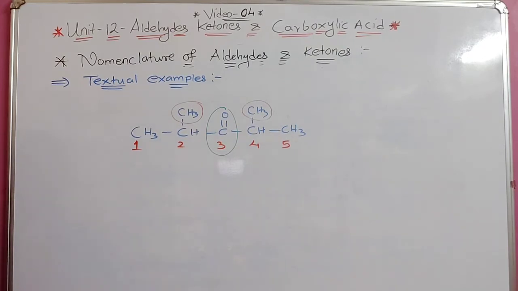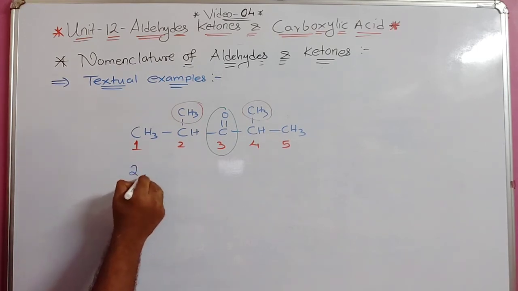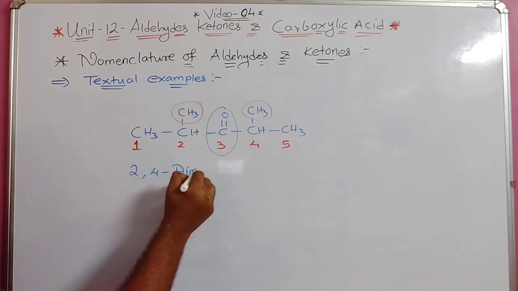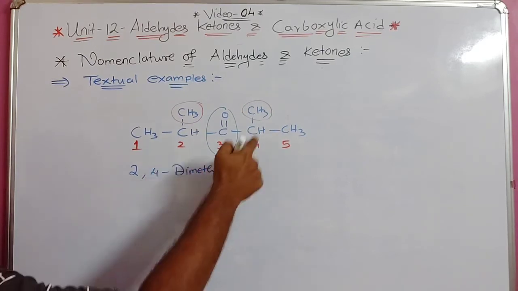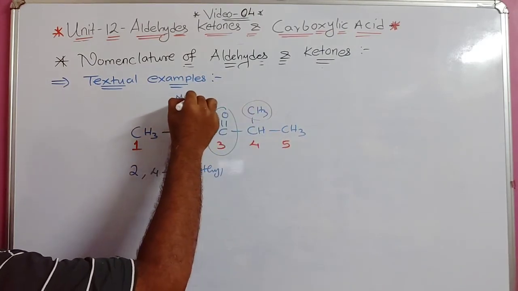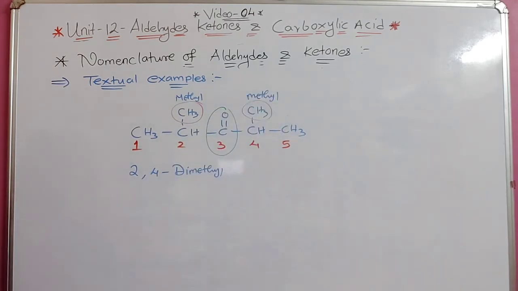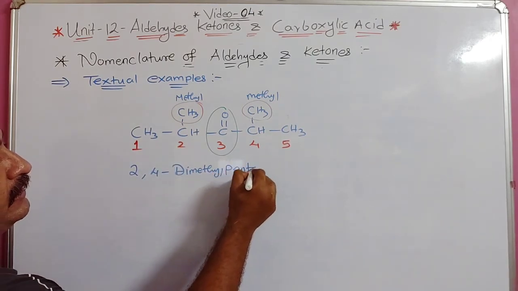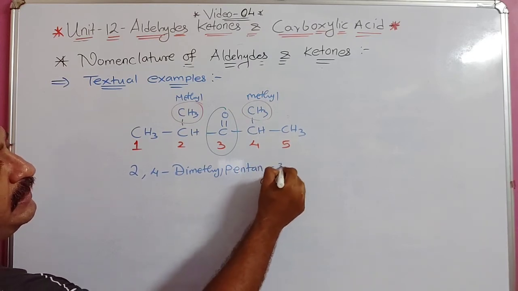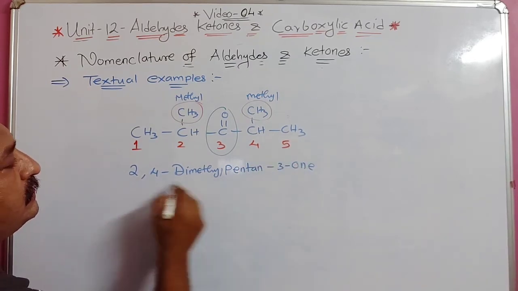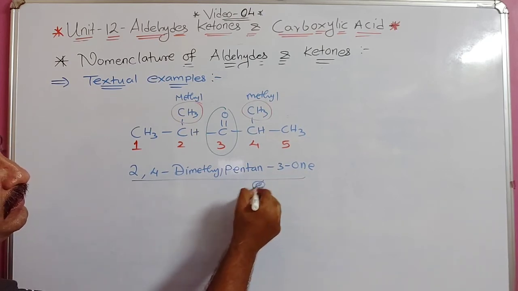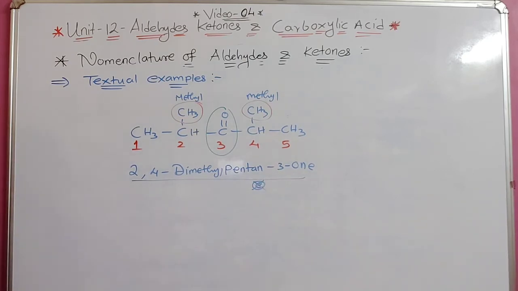So if I want to name it, the name of this compound will be 2,4-dimethyl, because at 2nd and 4th position, 2 methyl groups are there. Total how many carbons are there? 5 carbons are there. So I can write pentane, E is removed, and 3-one. This is the name, where E is removed from pentane, eliminated, what we call.